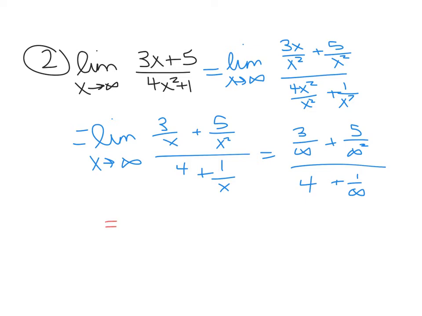So 3 over infinity, that's going to be a small number over a really big number. That equals 0. 5 over infinity is equal to 0. 4 is just going to be equal to 4. 1 over infinity is also going to be 0. So in the end, I get 0 over 4, and my final answer for that is just 0.